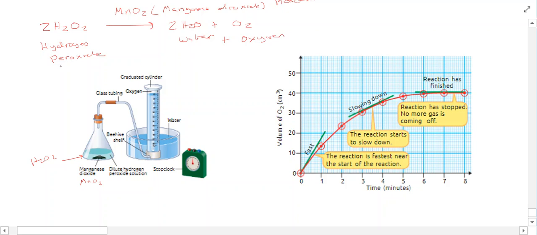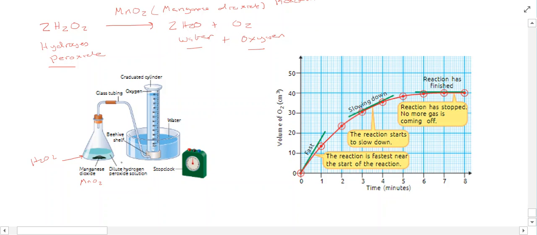So here this is your reactant, and these are your products. Basically, hydrogen peroxide, in the presence of manganese dioxide, which is a catalyst, gives you these products.